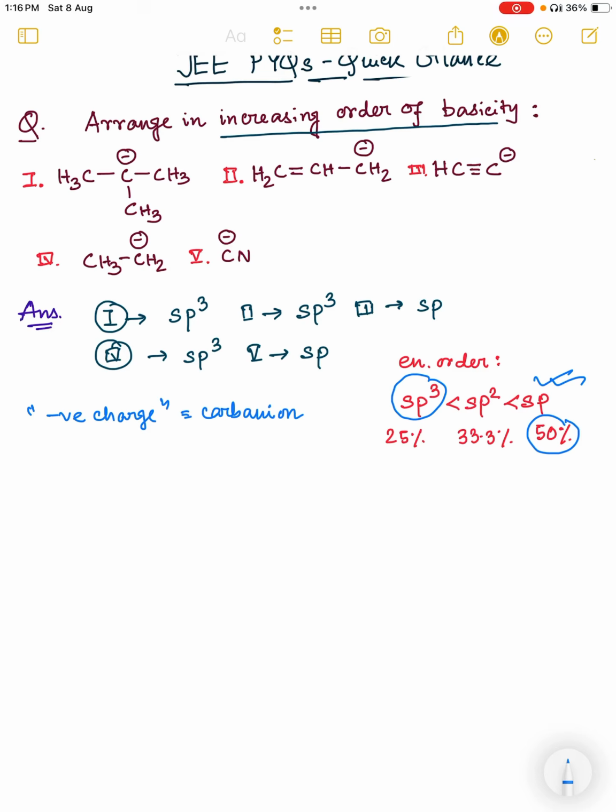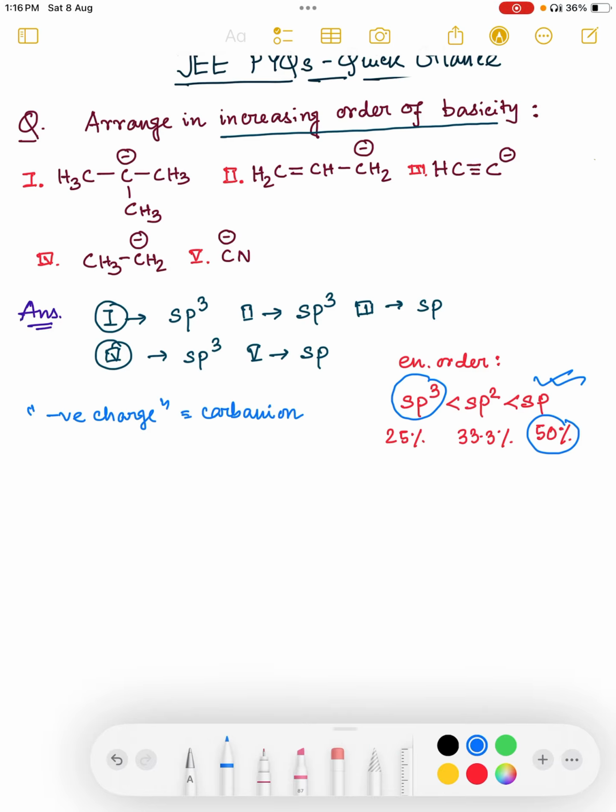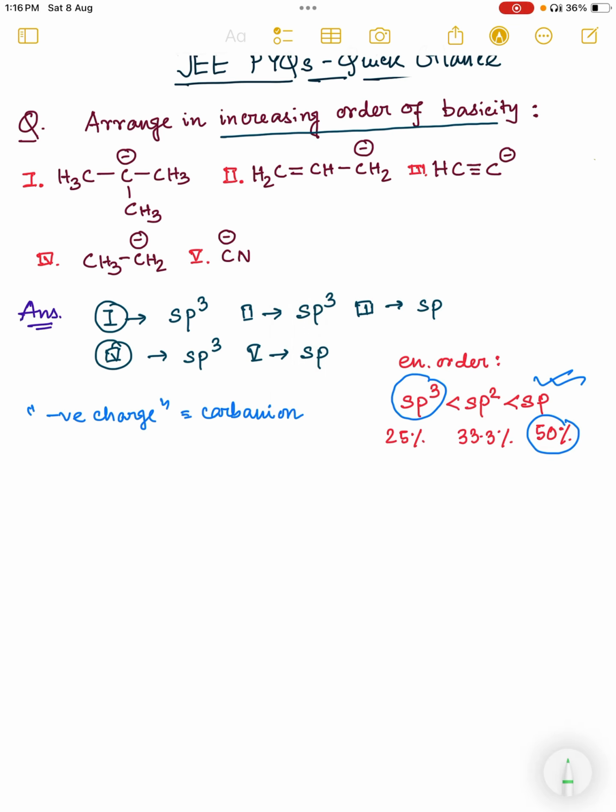So here you can understand the fact that from the given examples, this 3, which is sp, and 5, which is also sp, are much more stabilized carbanions. That means they are not that reactive in order of basicity.